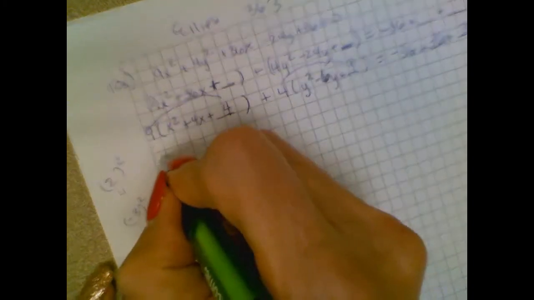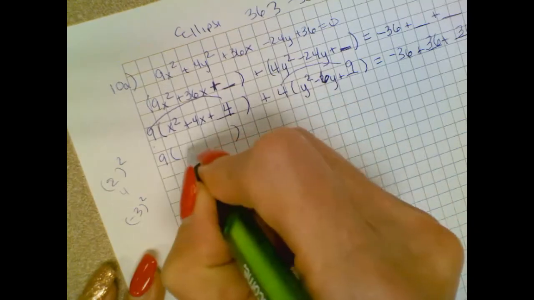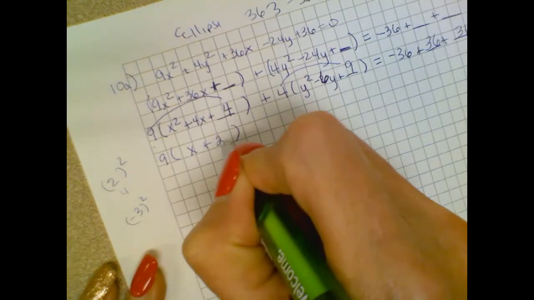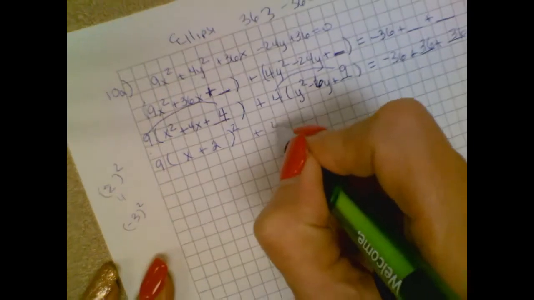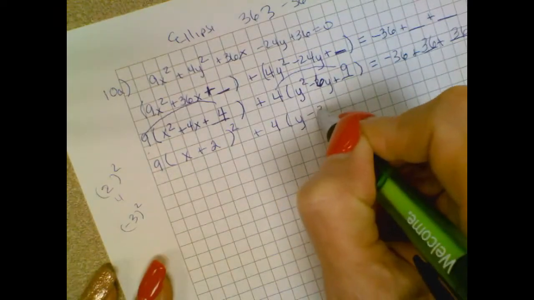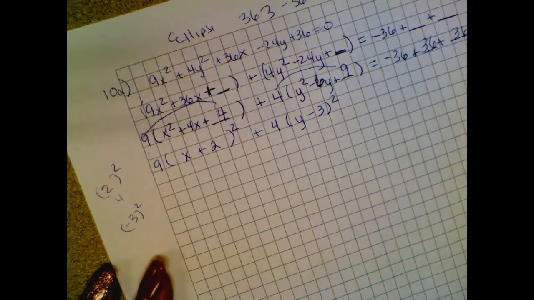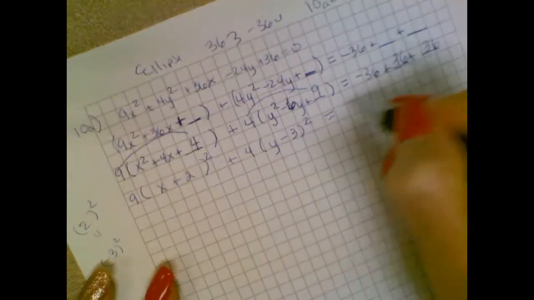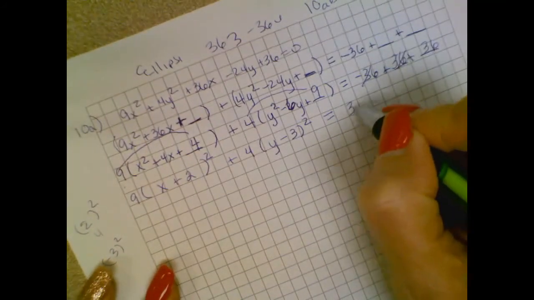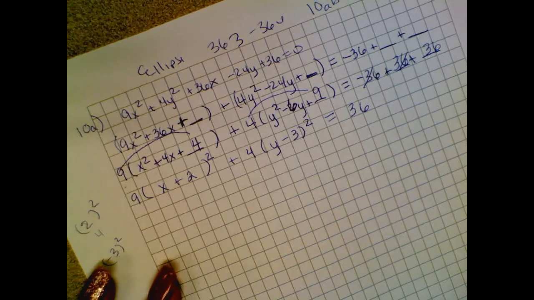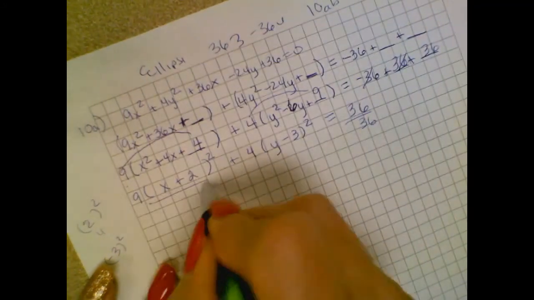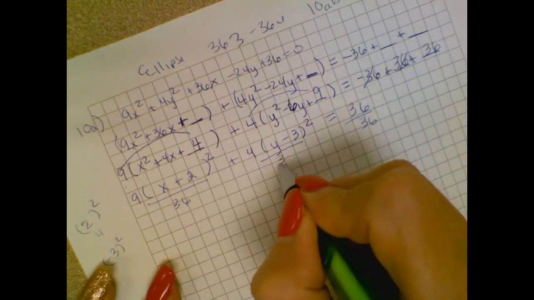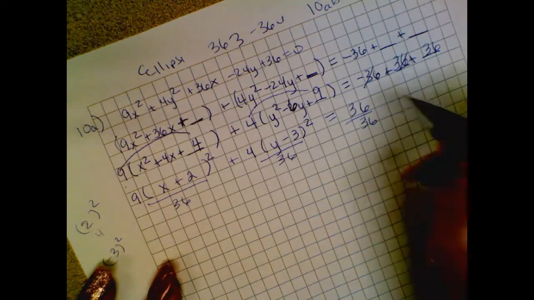So now we're going to complete the square. So this is x plus 2 squared plus 4 times y minus 3 squared equals 36. Then we're going to divide everything by 36 like this because we want this to be equal to 1.